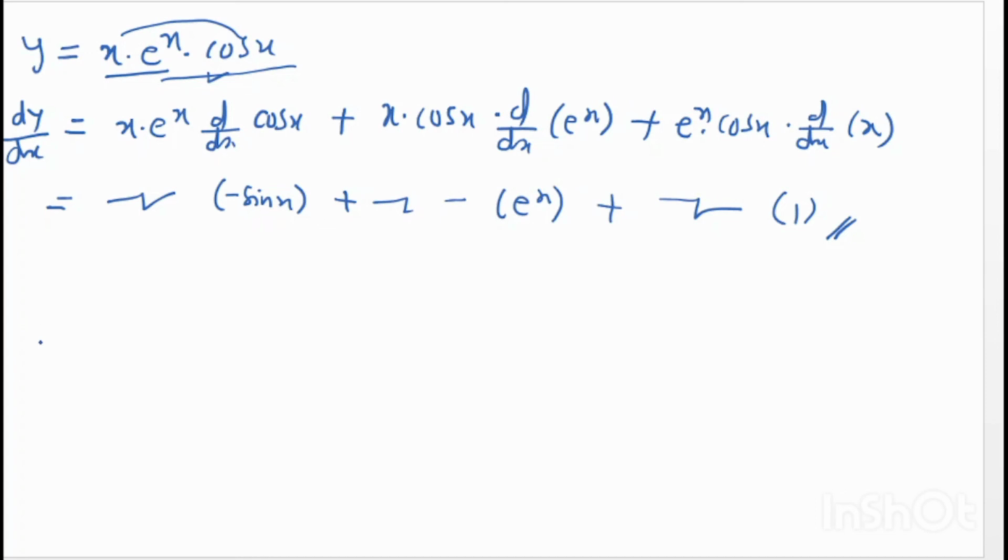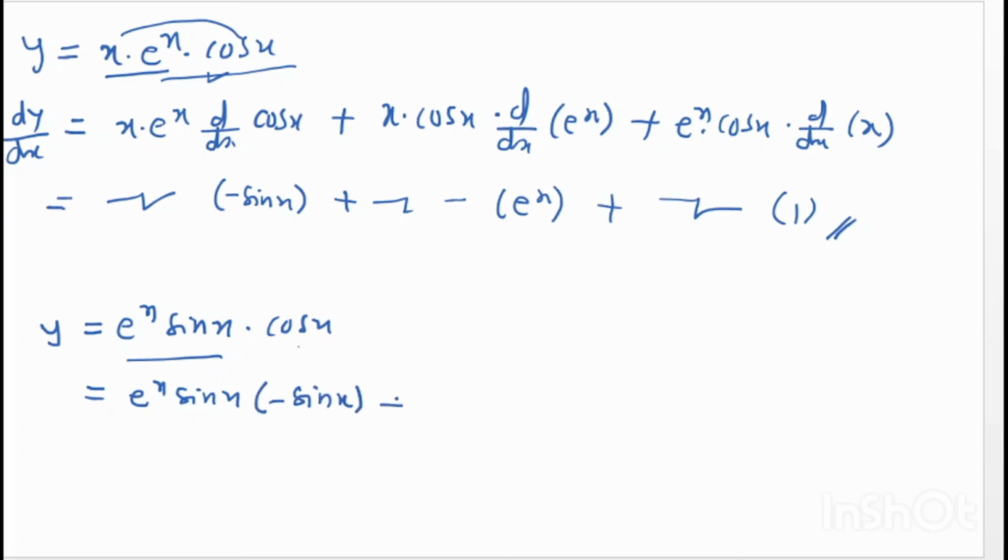So in such a way you can solve the derivative for three functions of x. Let's see one more example, y equal to e raised to x into sin x multiplied by cos of x. Similarly, two terms as it is, e raised to x into sin of x, take the derivative of the third, what is the derivative of cos, that is minus sin x, we solve directly.